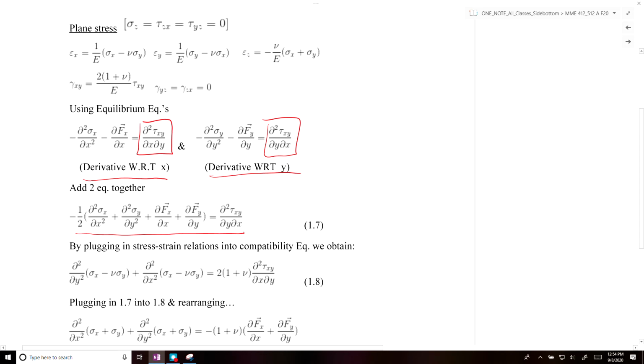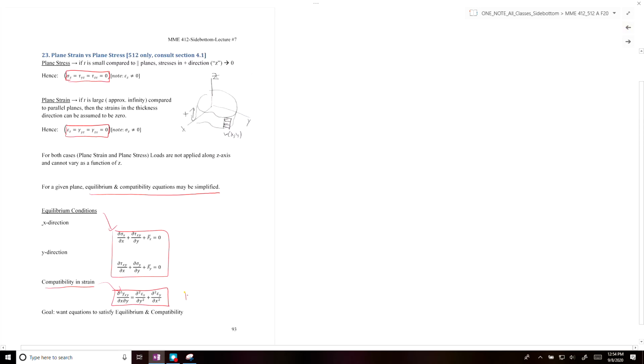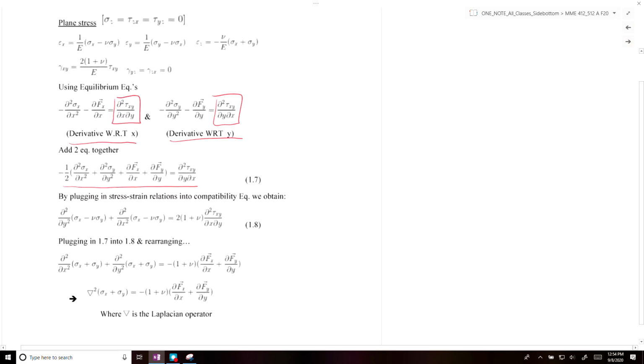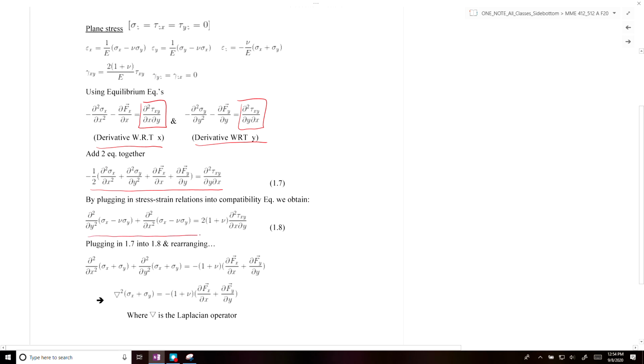If we plug our stress-strain relationships into the compatibility equation that we had on the last page, we get this as our new compatibility equation. What you can see here is that we can then plug in this equation to get rid of our tau xy terms, and we end up getting this simplified equation here.